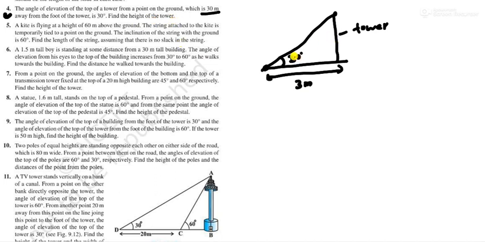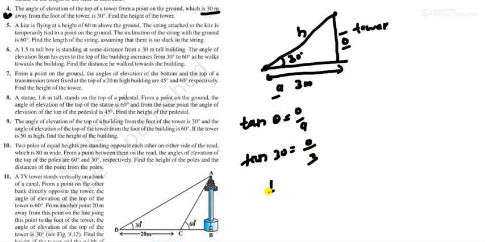Now what you have to find? Height of tower. So again this is theta, this will be O, this will be H and this will be A. So you need to find the O value, meaning the height of the tower, and you have O and A, correct? So tan theta is equal to O by A, you know this. So tan 30 is equal to O by 30.